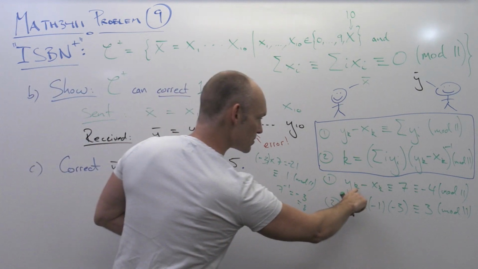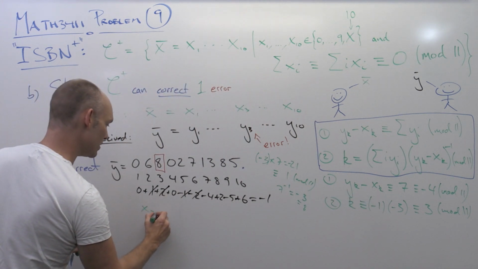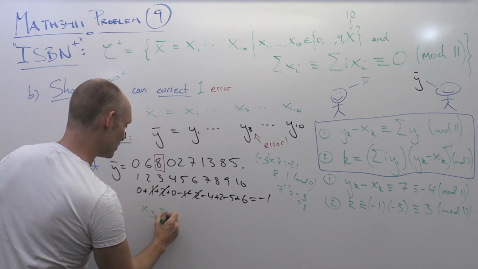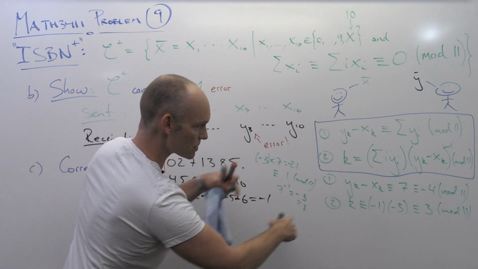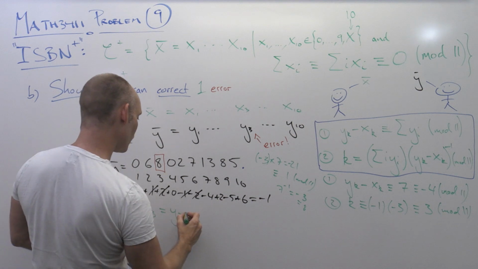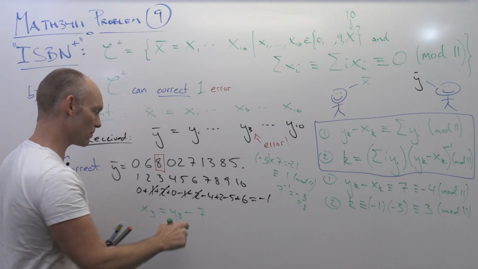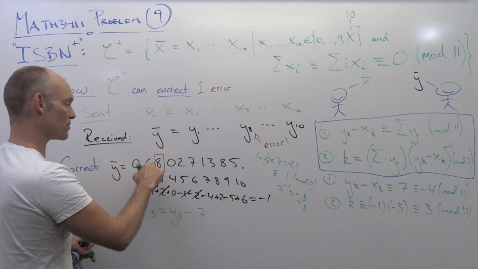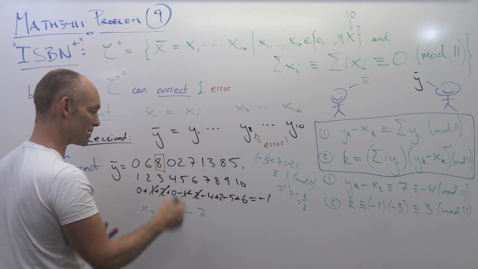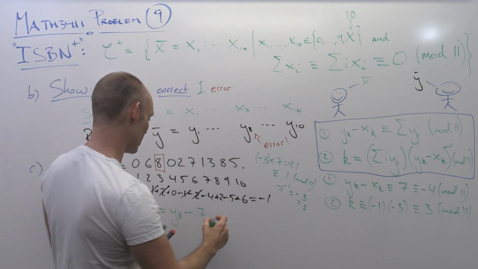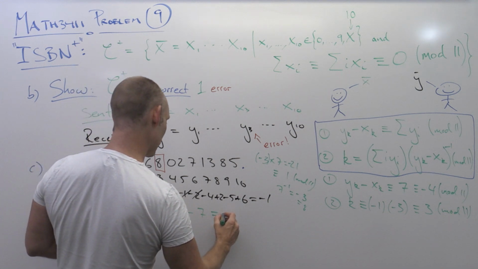Well, we've got that this difference here is equal to 7, so if we rewrite that a little bit, x3, or that's our xk, is equal to the yk, or y3, and then we have to subtract the 7, or subtract the minus 4, so to speak, or add the 4, but do one of those things so that we get a value that when we subtract it from 8, gives us a value between 0 and 10. So let's see what that's equal to, and then we can maybe modify the 7 if we get something outside of the bounds.